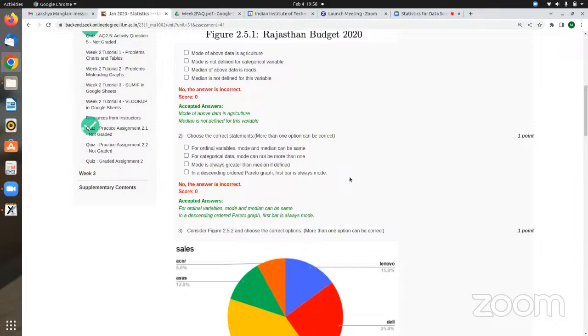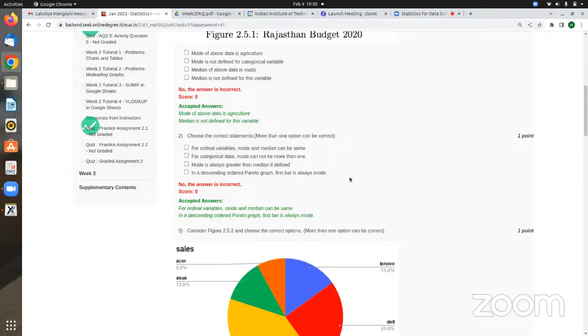And I heard somewhere ma'am was speaking about the mode and the median would be taken only when the graph is a bar graph, not the pie chart. Sorry, the question is, I don't know if I was sleeping in lecture or not.